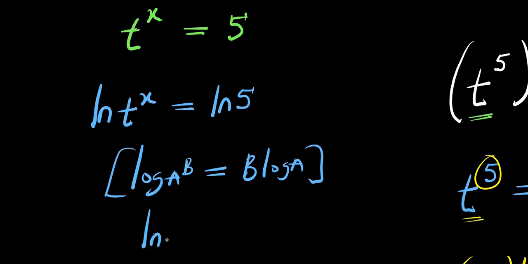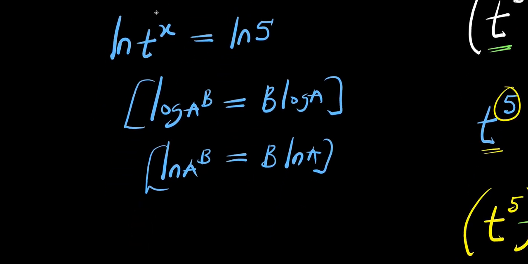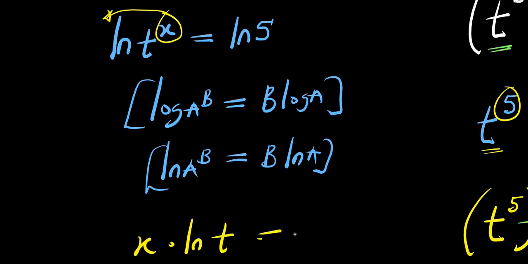That means if you have natural log of a power b, this equals b times natural log of a. So that means the x here will come in front. So we have x times natural log of t equals natural log of 5.